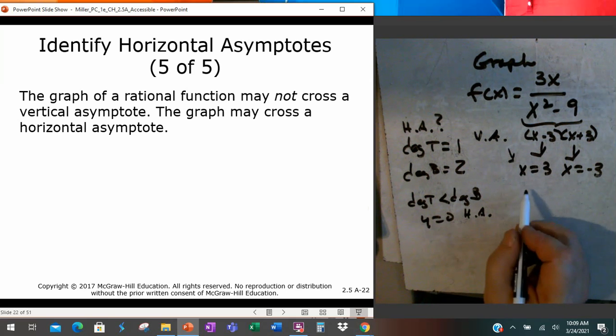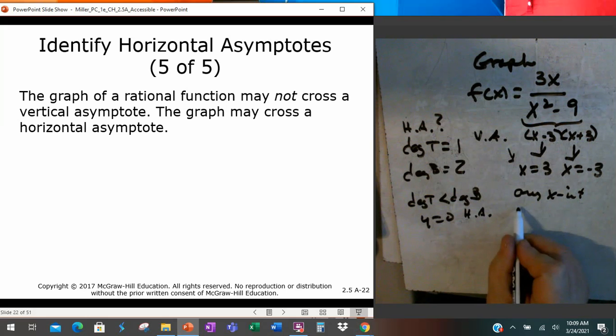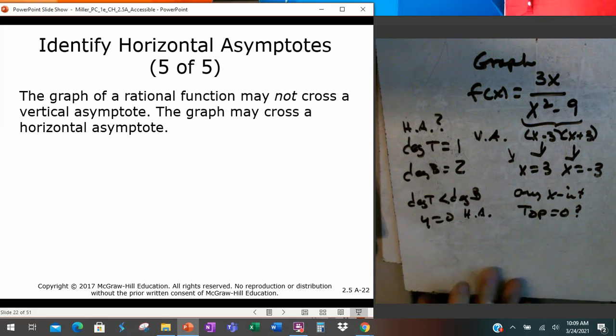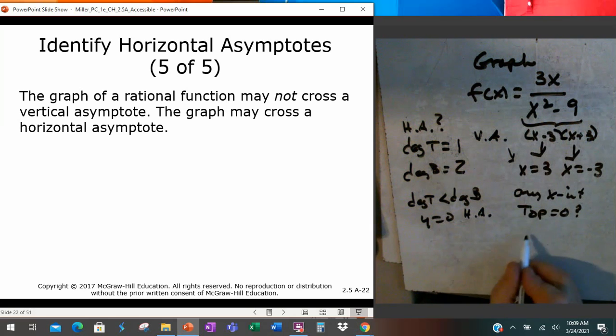Do I have any x-intercepts? The x-intercepts are from the top. I just set the numerator, the top, equal to 0. So where's 3x equal to 0? The only place is where x is equal to 0. Okay, that's my x-intercept. Set my y equal to 0, and where does it cross?